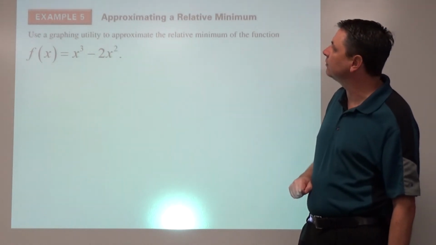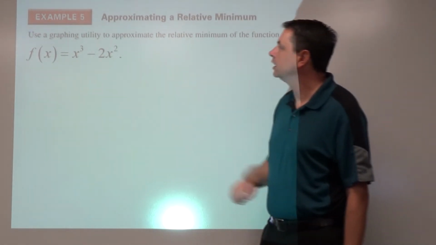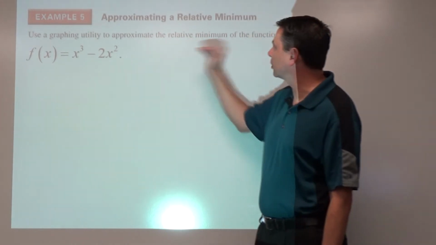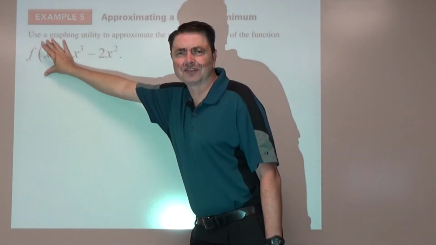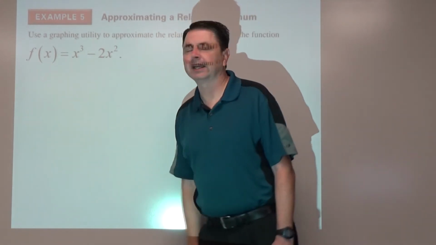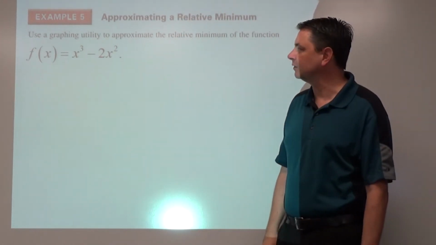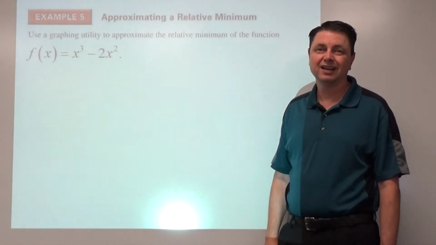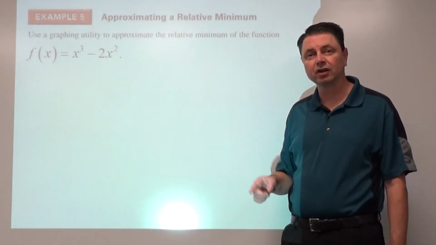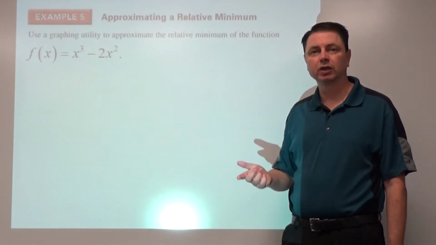Example number 5, approximating. Use a graphing utility to approximate where that's going to happen. We're going to need to use a graphing calculator and type in that function f of x equals x cubed minus 2x squared. Let's go over to the graphing calculator, input that, see what it looks like.